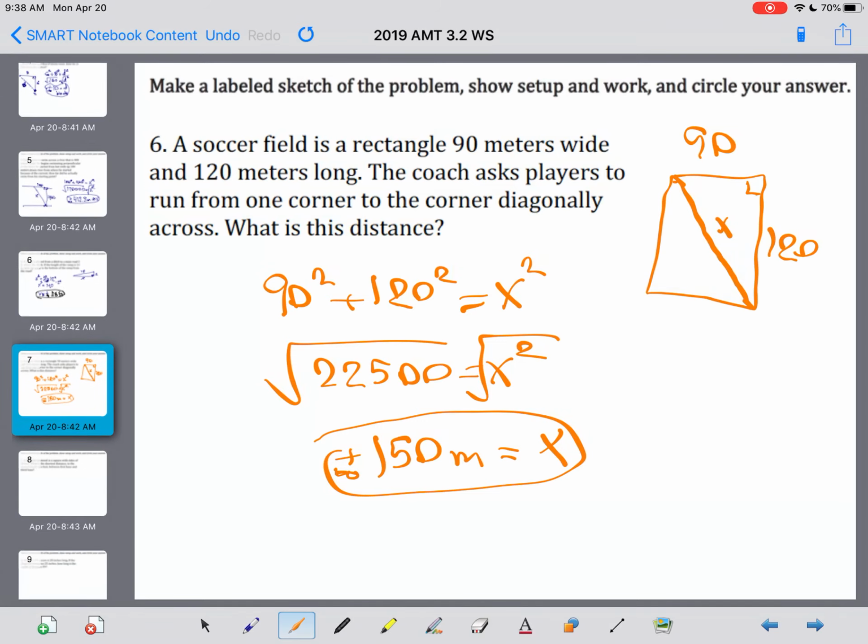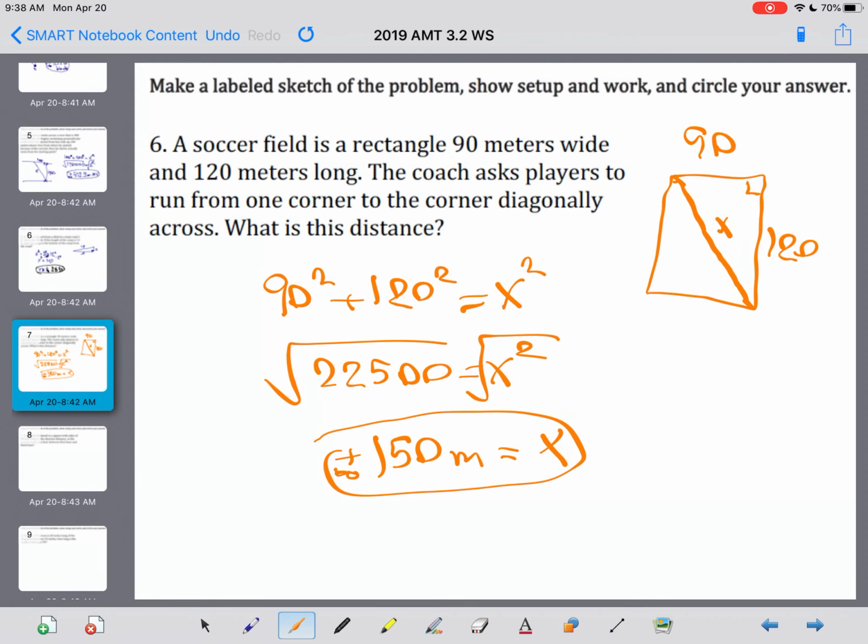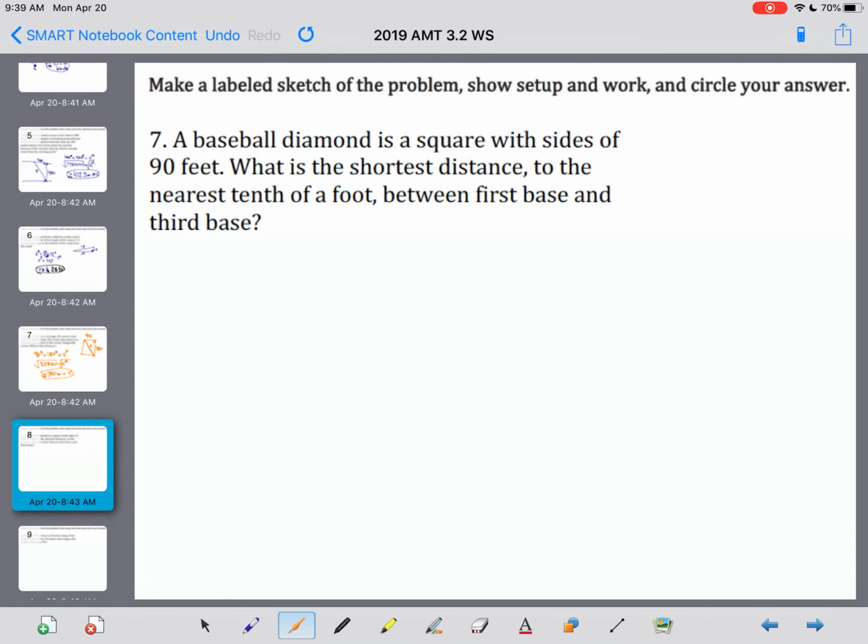Moving on here, second to last one here. A baseball diamond is a square with sides of 90 feet. So I'm going to go ahead, 90, 90, 90, 90 for a square. And it has right angles. What is the shortest distance between first base and third base? So let's say this is home.